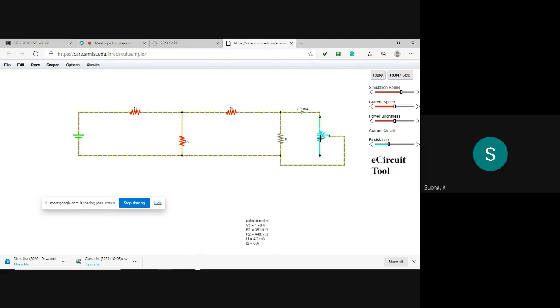Or otherwise you yourself multiply VD and I1 manually and calculate power. It's not showing label-wise. You can multiply 1.48 and 4.2 milliampere, calculate power, and fill in the tabular column.